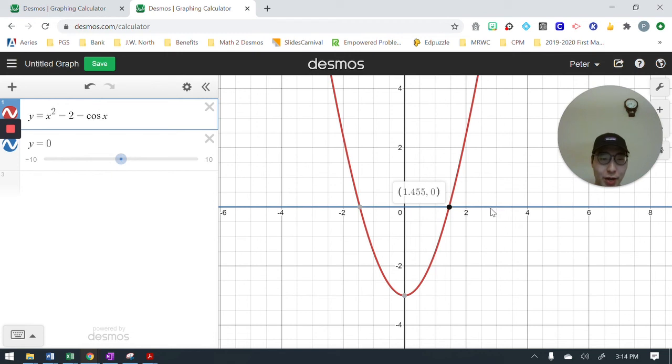Pi is around 3.14, so it should be around here, right? So within the interval of 0 and pi, we established that there should be at least one x value, x equals c, that will give me f of c equals 0, or g of c in this case, because we use the g function. And you see that value is actually 1.455, around the ballpark. It's not the exact value.